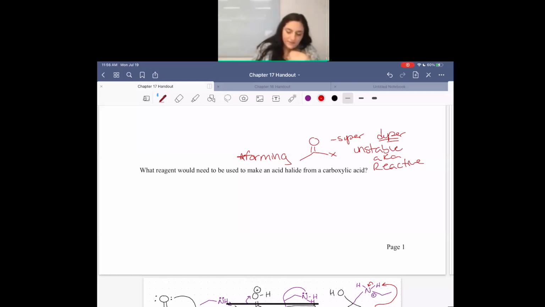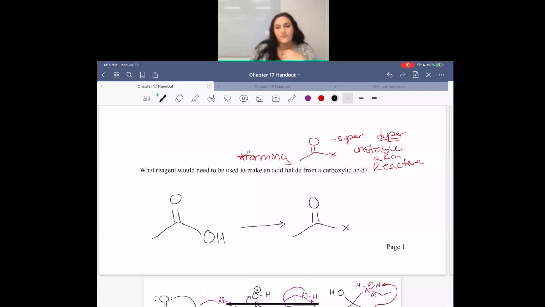Instead, we have to use some other reagent to get from this to this. And just to make it a little bit easier, instead of giving this just X, let's give it BR. Give it a name, become more personal.